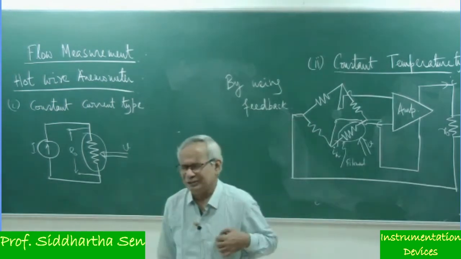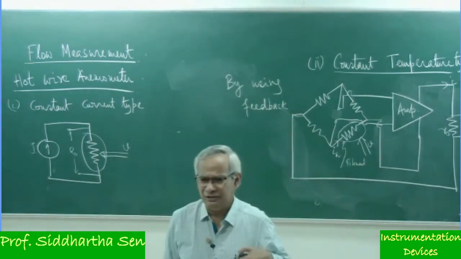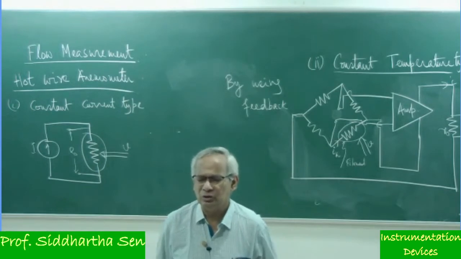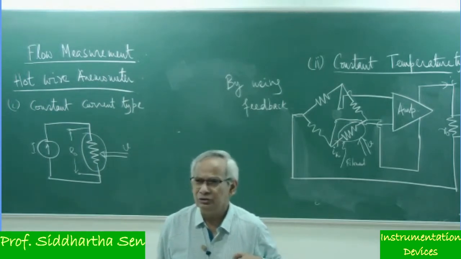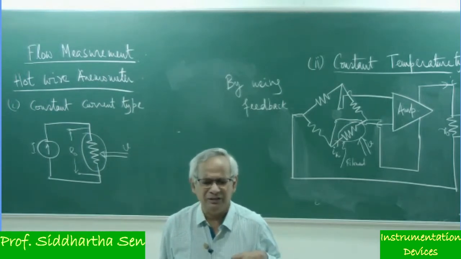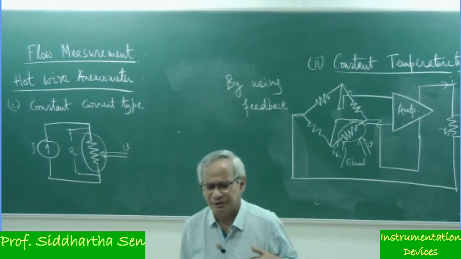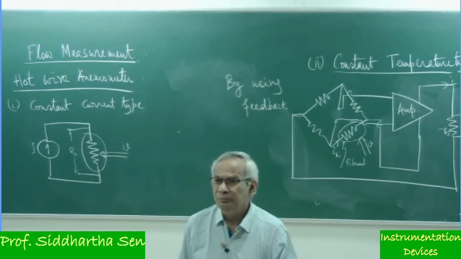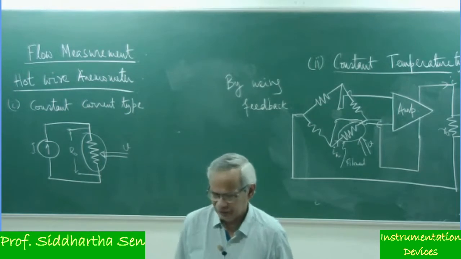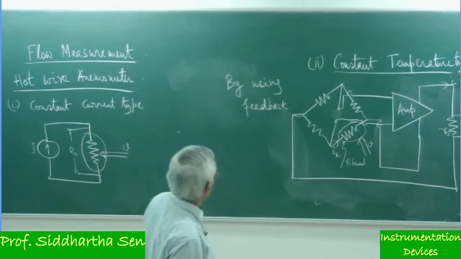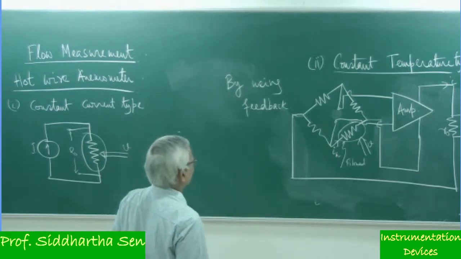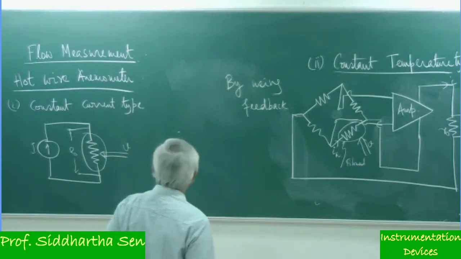In fact, we will see it afterwards. Feedback is not only used for control, but feedback is also used for many instrumentation purposes, for improving the performance. So now you may question what is the improvement, why we go for this one.